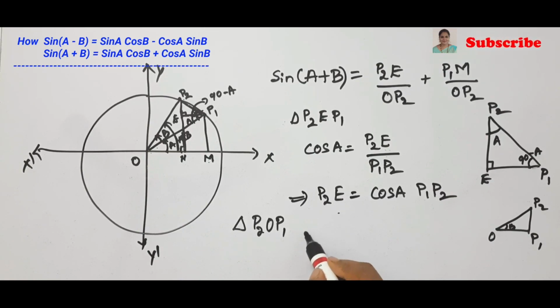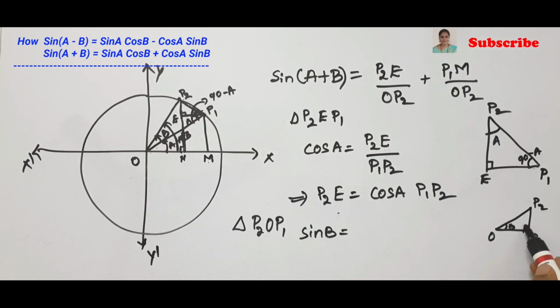So sine B is equal to the opposite side. Here it is 90 degrees, so the opposite side to this angle is P2P1, and the hypotenuse is OP2.